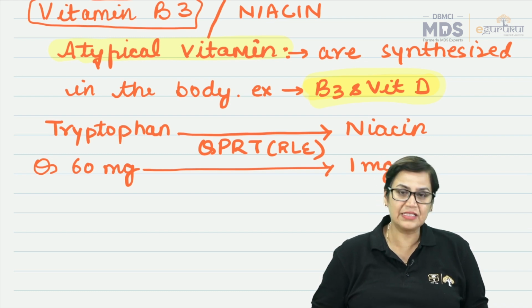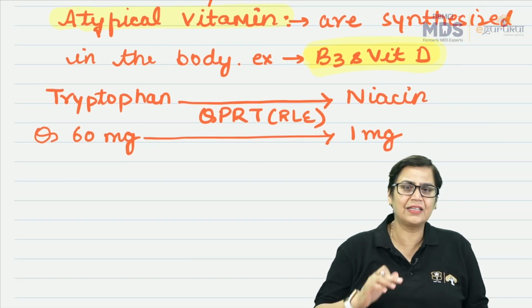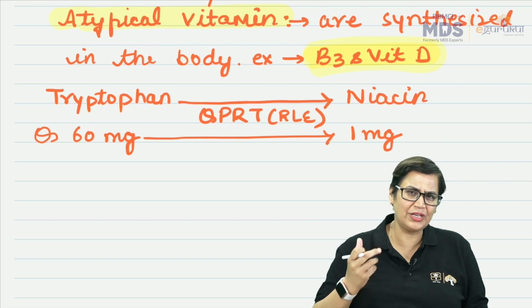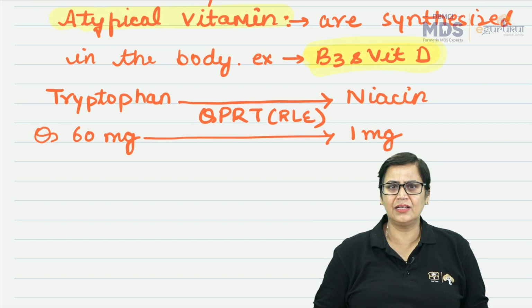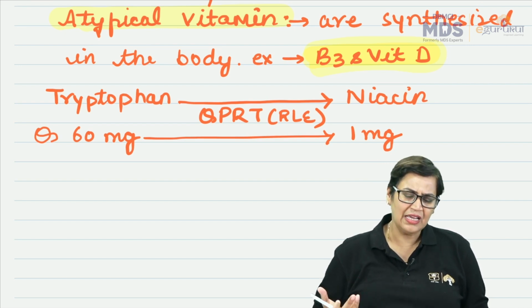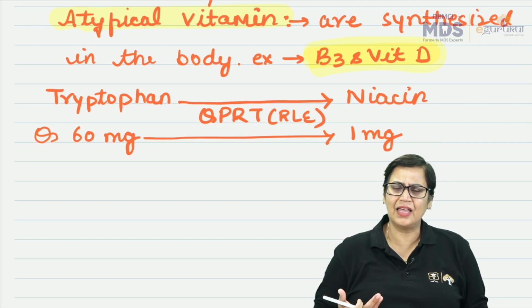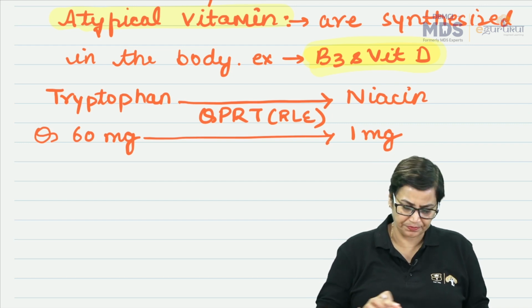Now, after this, we will come over to sources. I am not mentioning sources unless there is a very important or different source. Just say for vitamin B1, I mentioned that rice is the most important source. Otherwise, eggs, milk, and green leafy vegetables are the common sources of all the vitamins.